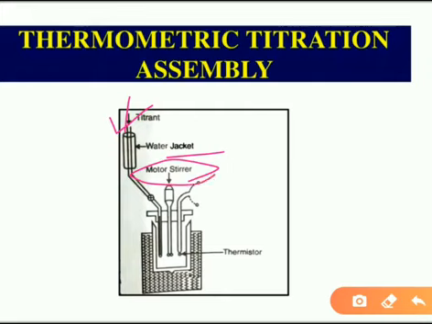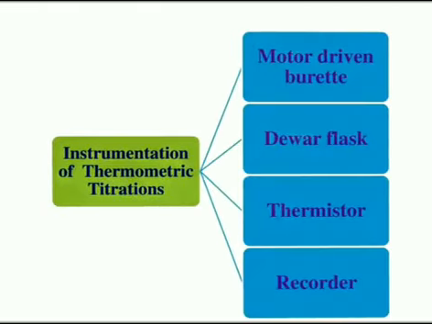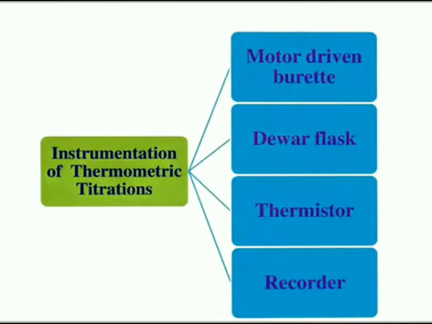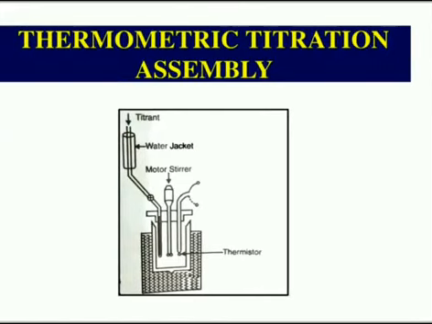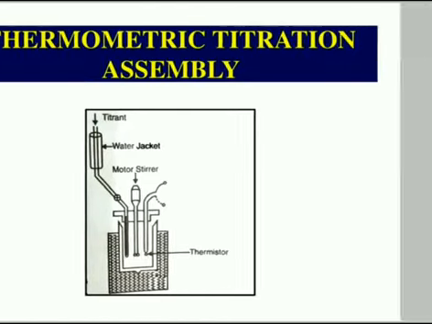In addition to the other parts, this is called the thermistor. We need to connect the positive and negative terminal from here. So now we know what is the assembly in thermometric titration.